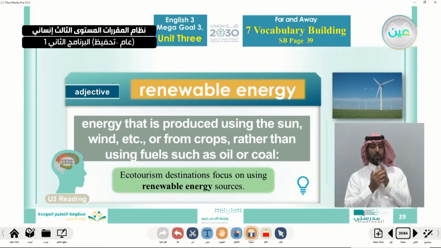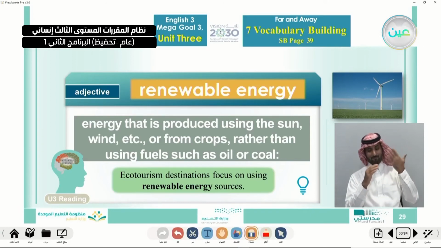Renewable energy. Energy الطاقة. Okay, renewable means able to be renewed and to be generated. That is the energy that is produced using the sun. Okay, to use the sun to make energy, to use the wind, like what you can see here in the picture, etc. Or from crops, you can take the energy also from crops, من المحاصيل, rather than using fuels such as oil or coal.